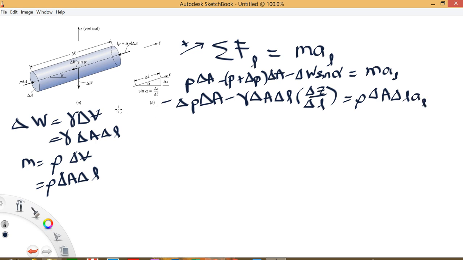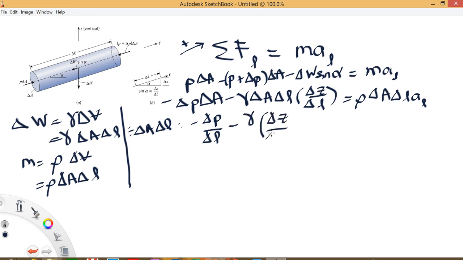Okay. So I will divide this equation by A delta L. So I should get negative delta P over delta L, minus gamma delta Z over delta L, and this is rho times acceleration a.